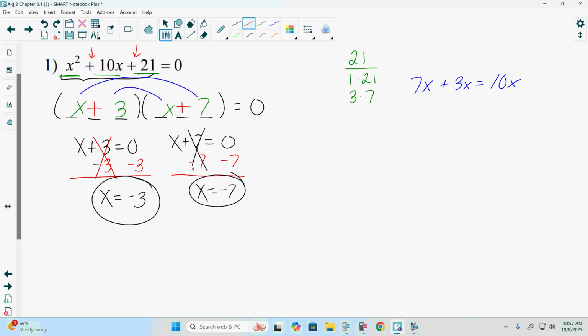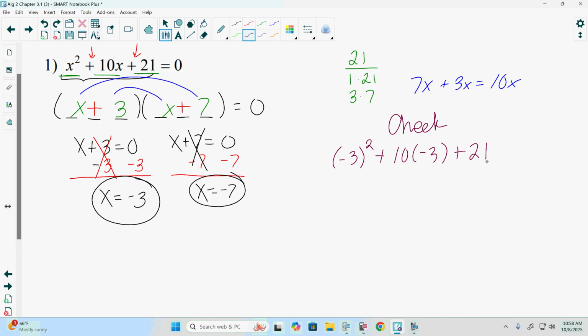Now, you don't have to write this part because I'm going to go through and just check it. I'm going to show us that these are the correct answers, because if we plugged it back in, negative 3 squared plus 10 times negative 3 plus 21. If I plug negative 3 back into the original equation, this should simplify to what? 0, yes? Now at this point, we could plug this whole thing in the calculator and let it tell us what it is.